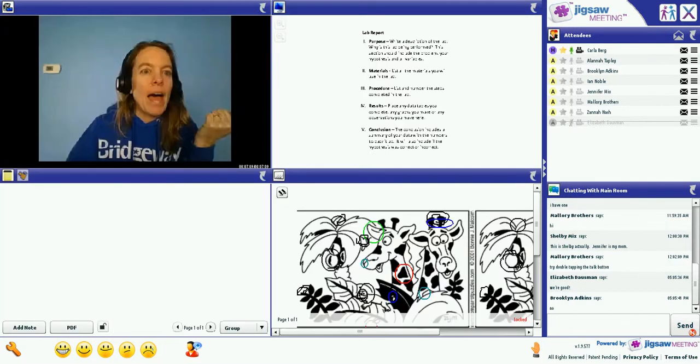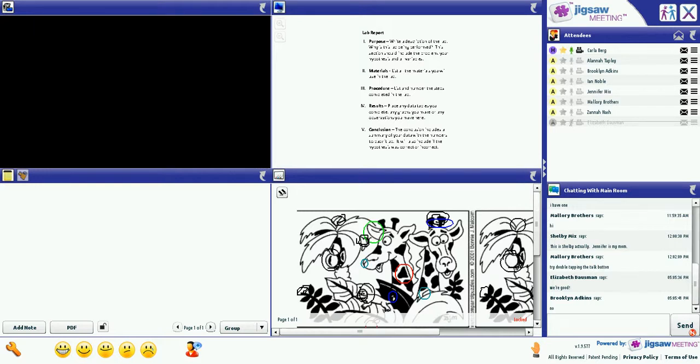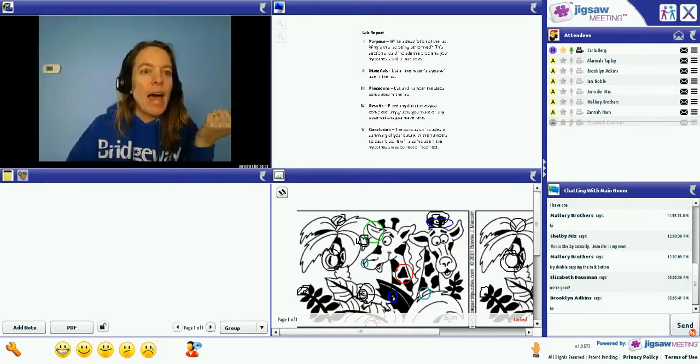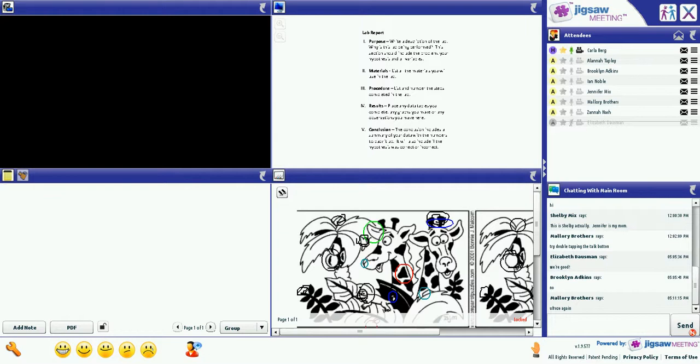If you click on that arrow, oh, my camera froze, hold on. If you click on that arrow, you should be able to see all 4 PowerPoint screens now. Or all 4 rectangles, I'm sorry. Let me reload my camera here.